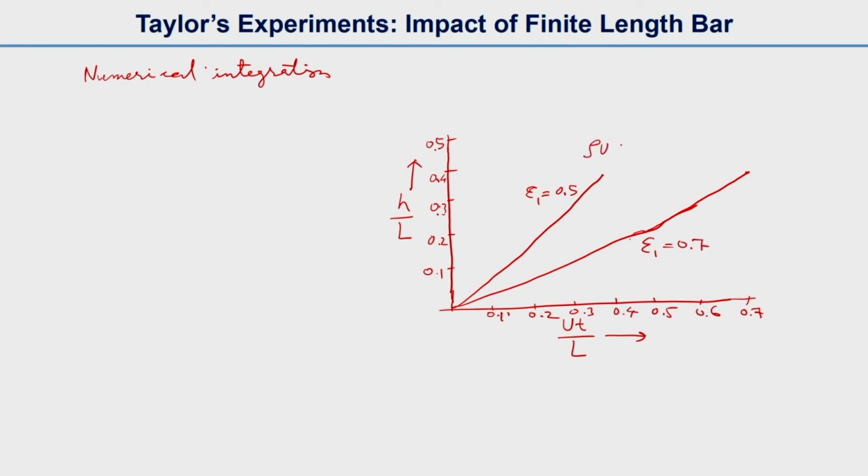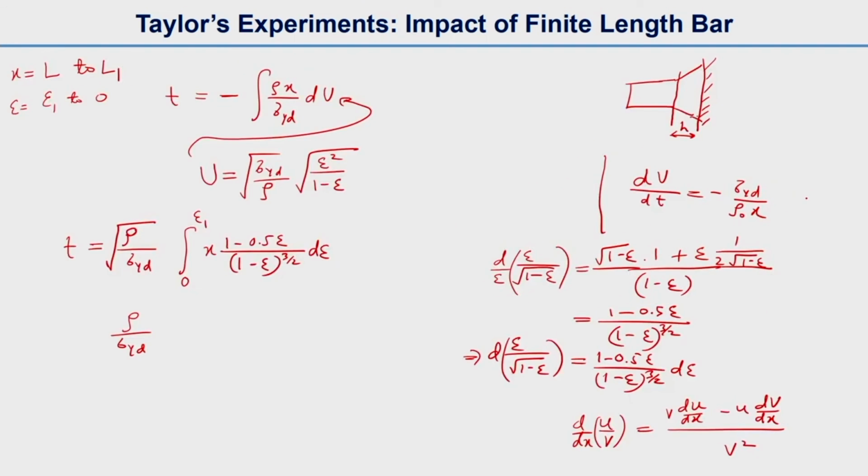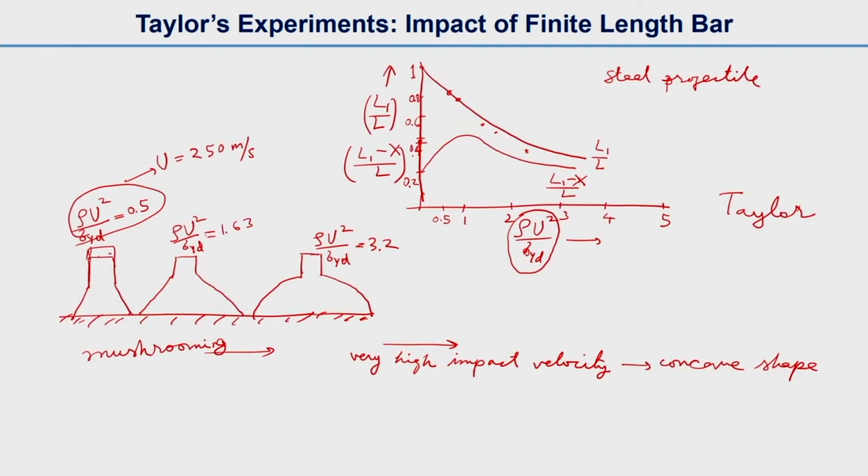So the value rho u square by sigma yd is 0.5 as we discussed, and this is the actually end state here. So it will end here. So rho u square by sigma yd, it is 1.63 that we have earlier even shown, the same ratio here we are taking.